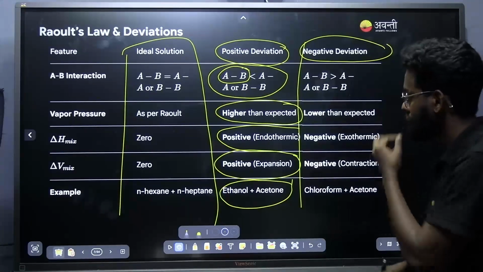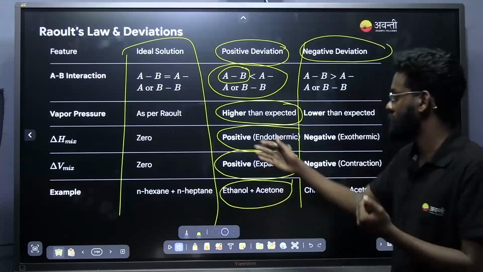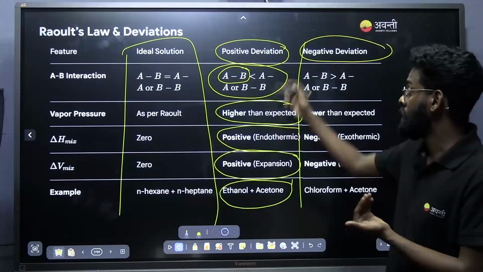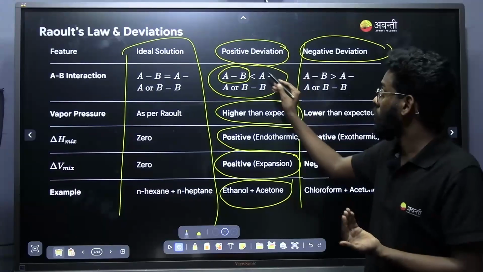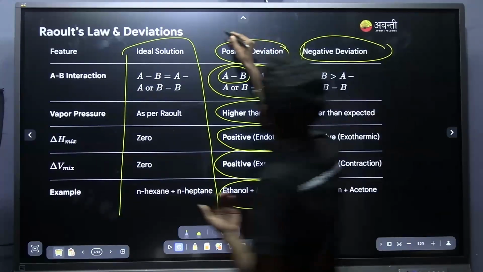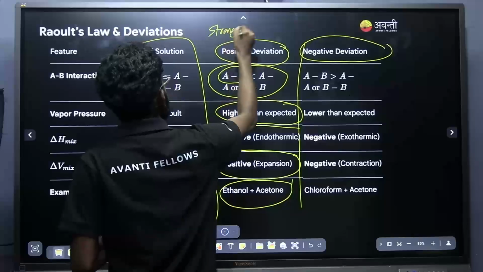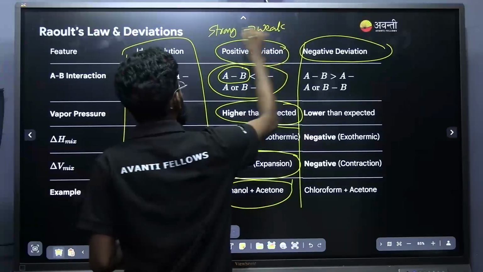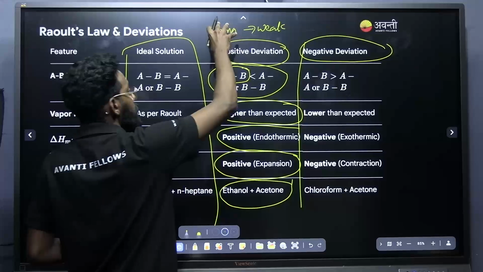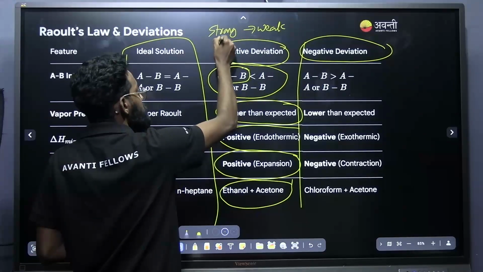Got it, everyone? Hope all of you understood, especially this endothermic part. Why is it actually endothermic? We know that a stronger bond is converting into a weaker bond. To convert a stronger bond to a weak one, we have to supply energy.